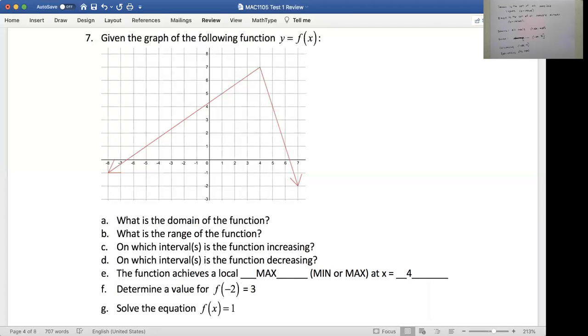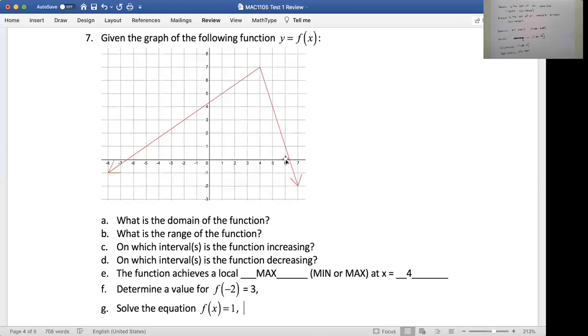And finally, it says, solve the equation for f of x equals 1. Well, if the y value is 1, what is my possible x value? I have a point here, and I have a point here where f of x is 1. So it looks like 6 is a possible answer, negative 5 is a possible answer. Excuse me, down here.